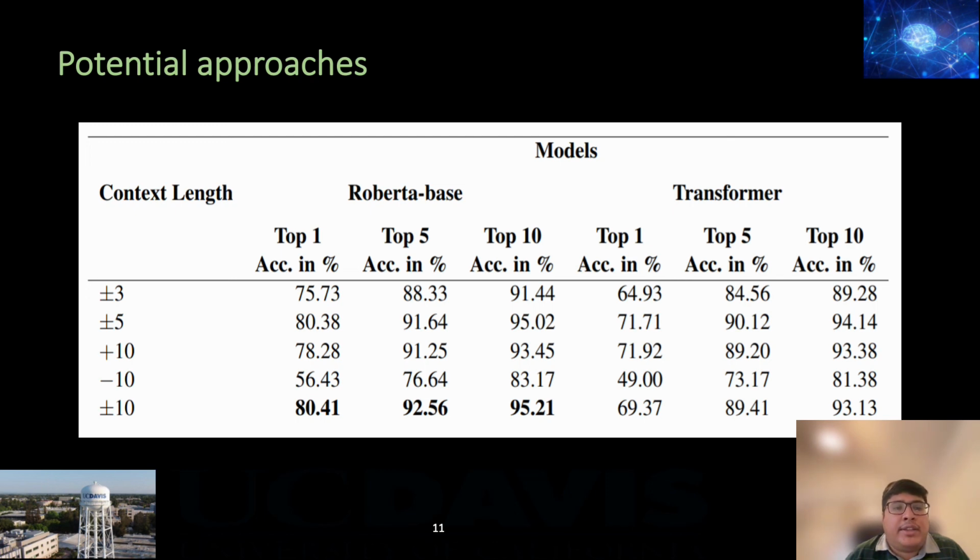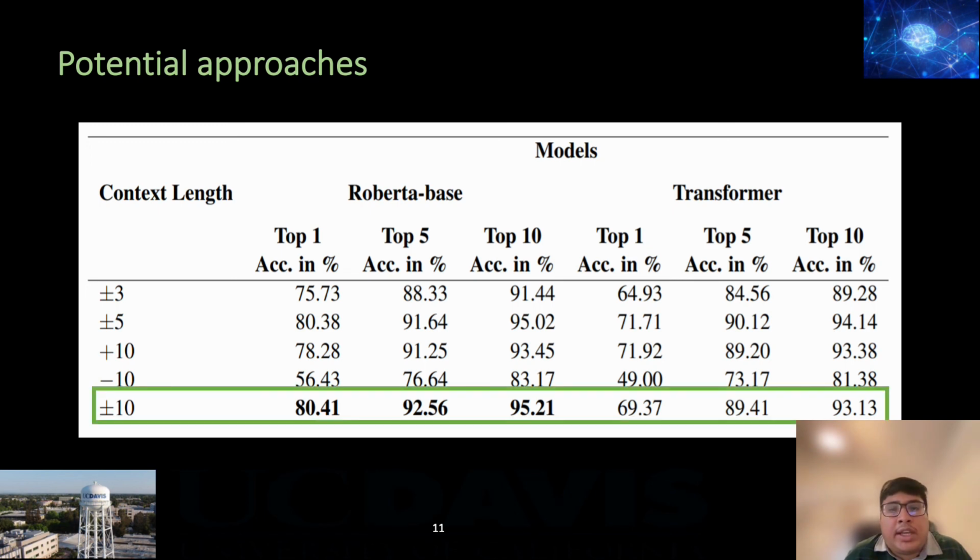We also tried different evaluation criteria like top 1 accuracy, top 5 accuracy, and top 10 accuracy. We can see that the RoBERTa-based model outperforms the transformer-based approach in all the evaluation criteria. Regarding the context length, we can see that we need at least 20 lines of information to make a good prediction in the library function recovery task.